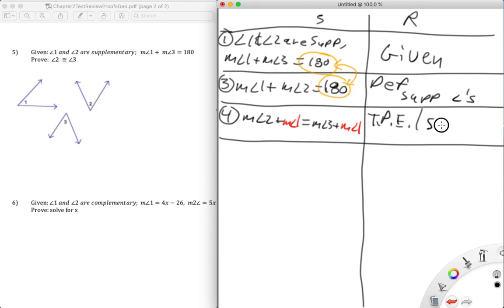I'll also take substitution. So I have a measure of angle 1 on both sides, so I can subtract those guys out.